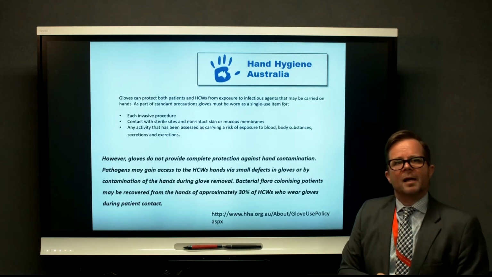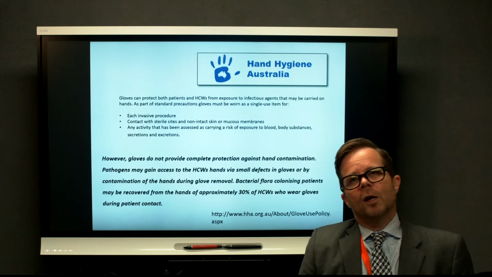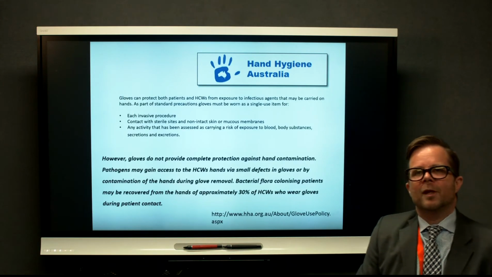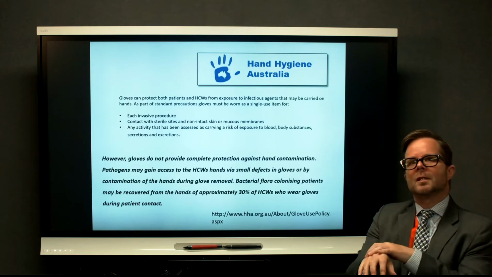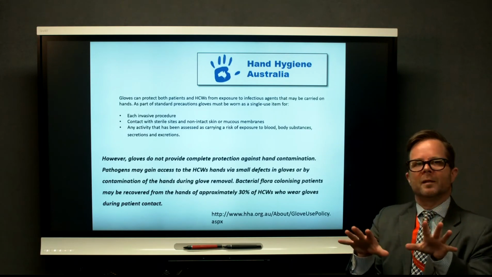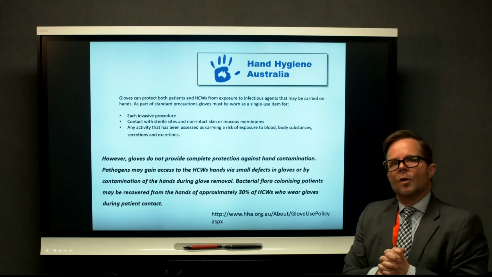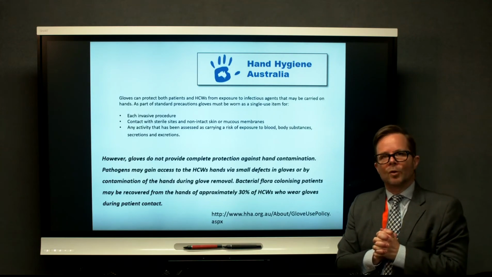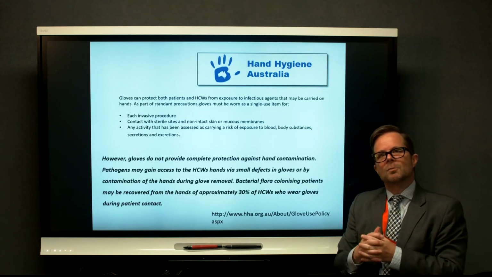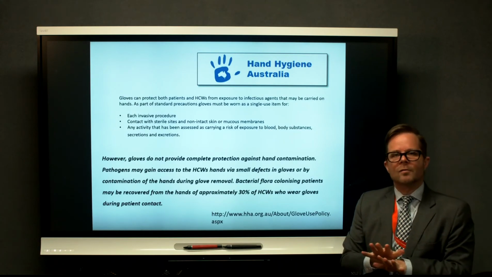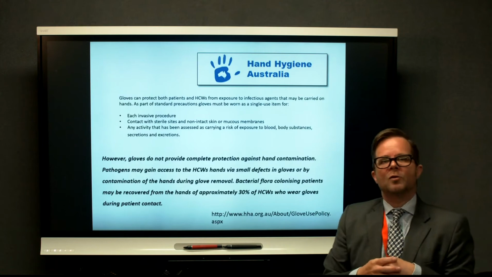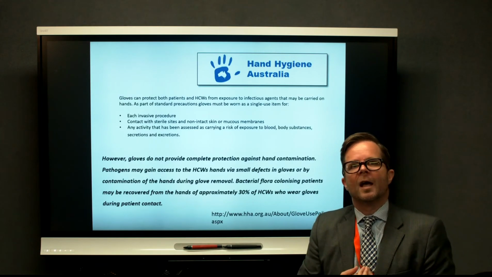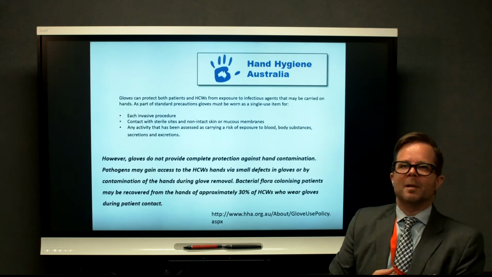Now, just a word about gloves. Commonly, people think that when they put on the gloves, it's 100% protection from anything that they touch. We know that gloves are not completely impermeable. They will allow things to move through them. So no gloves are 100% effective at preventing hand contamination.